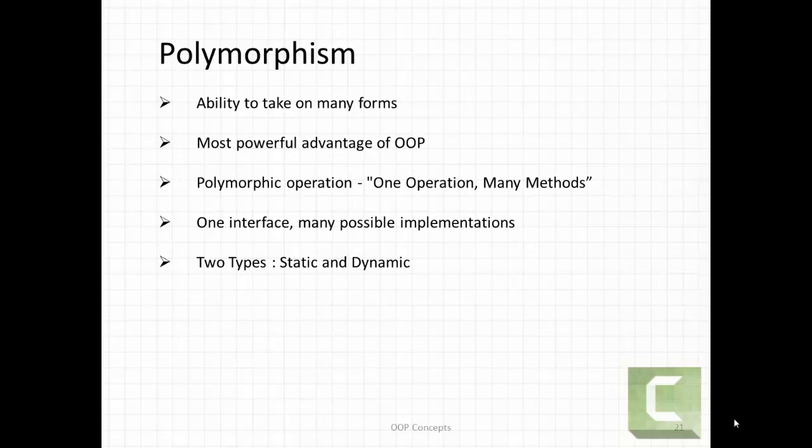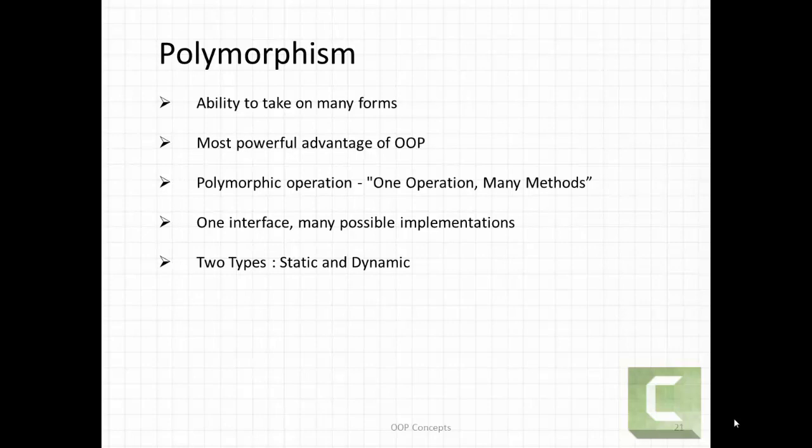Suppose you have a certain set of rules which you are defining for some process, and a lot of classes which are implementing those behaviors. So that way you are writing one interface and asking other classes to implement that, and that's the way you are creating one interface with multiple implementations.